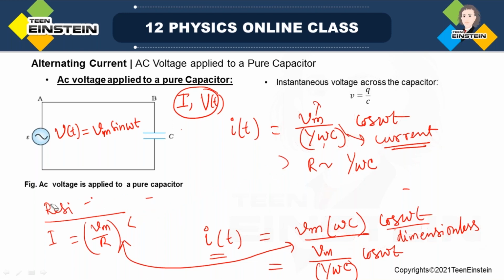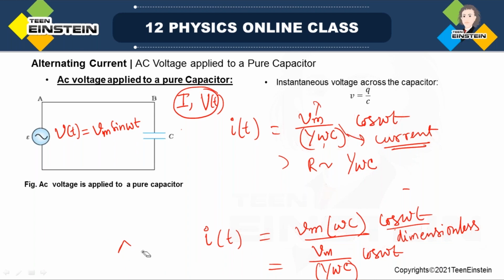So 1 by omega C has the dimension of resistance in this purely capacitive circuit.